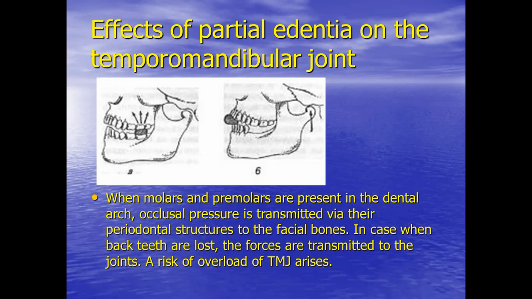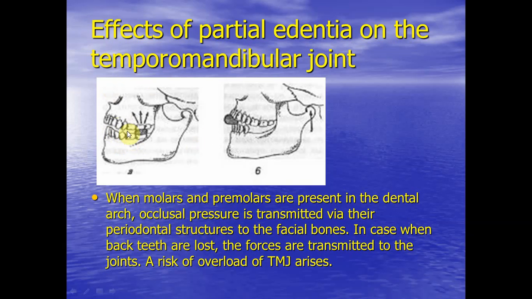One more problem with the TMJ, which comes as an effect of partial edentulism, is usually associated with a condition when almost all back teeth are missing. So, when they are missing, then all the occlusal pressure is transmitted through the periodontium to the facial bones.